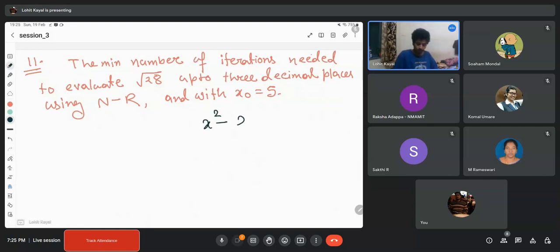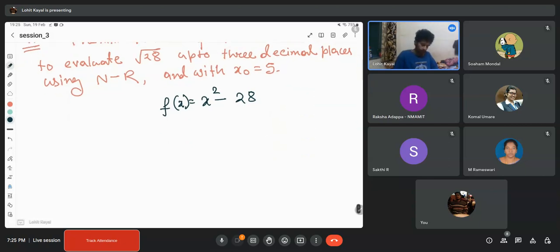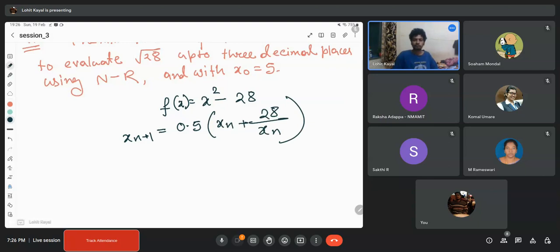So this is my fx. Because at x equal to square root of 28, this is my desired root. This value will be 0. So I am taking my function as fx equal to x square minus 28. If I plug in the formula, we have already solved it in the fourth question. So xn plus 1 will be 0.5 times xn plus 28 by xn.